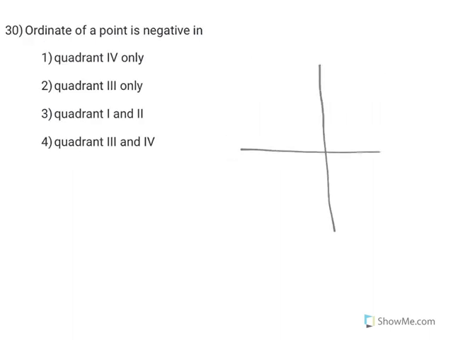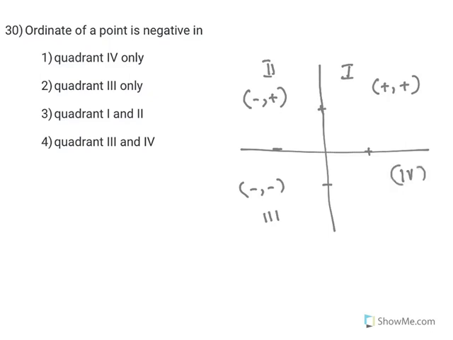So for this again we draw the 4 coordinates, the 4 quadrants. In the first you have positive and positive. In the second is negative, positive. In the third, this is negative and negative. And in the fourth, you have positive and negative. Now ordinate means y. Y is negative in which quadrant? Let us just mark y being negative.